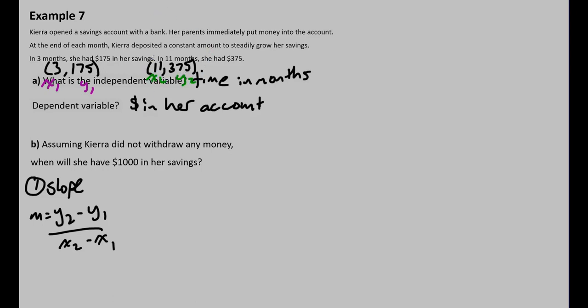Sorry, I'm writing over the question, but hopefully it's okay. So my y2 value, I'll use the same trick I did last time and write my coordinates first of 11. And I have to subtract my first point of 175 over 3. And then I have to do the math.